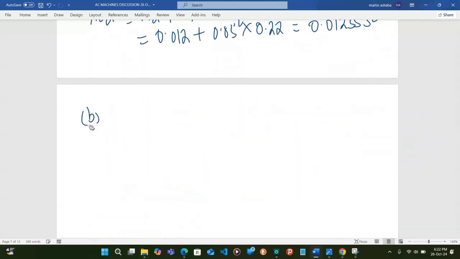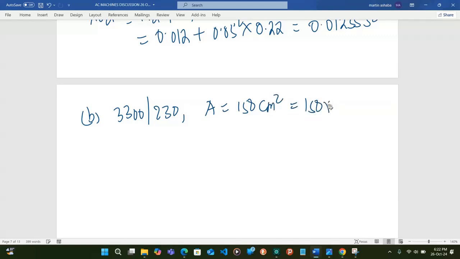So part B is 3300/230 volts, and we are told that area is equal to 150 square centimeters, which is 150 times 10 power negative 4 meters squared. And the maximum flux density is 1.2 webers per square meter.